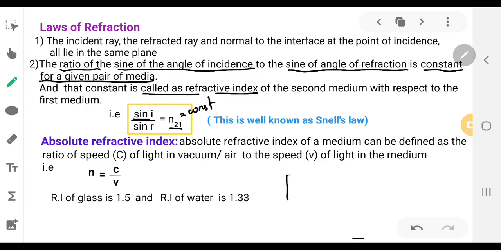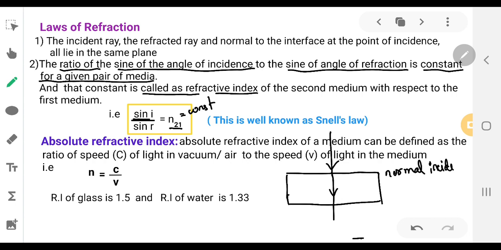As we have told, when light travels from one medium to another medium, its direction of propagation changes. But when the light is incident normally, it enters into the second medium along the same path. It does not change its direction. So for normal incidence, i is equal to 0 and r is equal to 0.